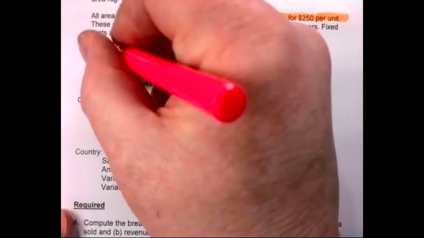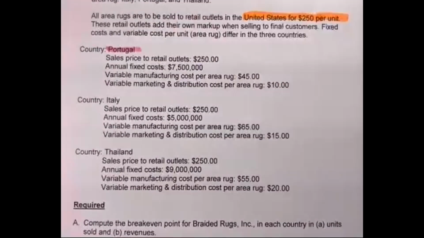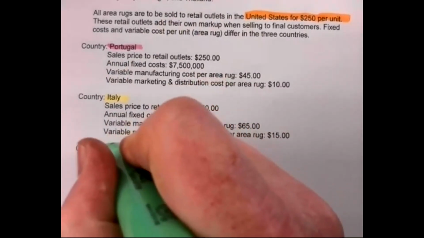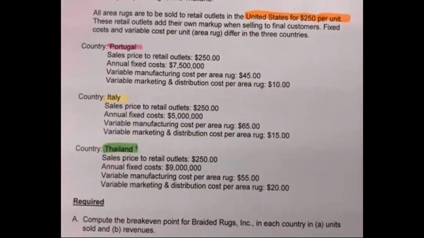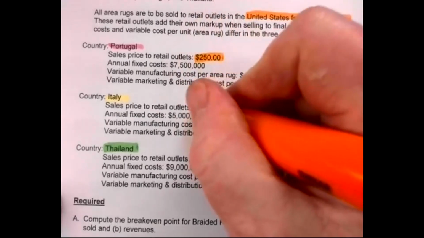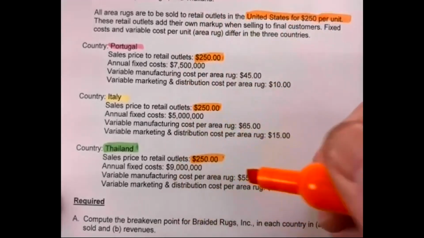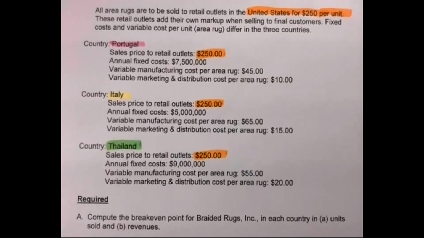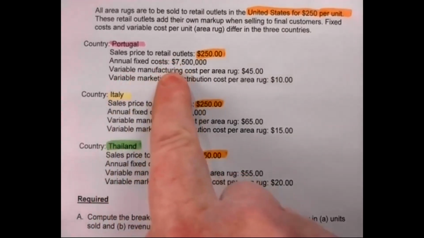Make them in Portugal, Italy, or Thailand. And you'll notice that the selling price for each of these is the same. So it doesn't really matter what country we make them in, the selling price is going to be the same. It's the other things that are going to change.